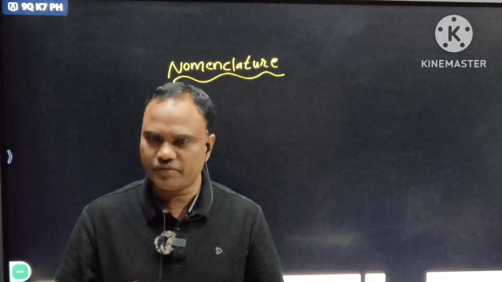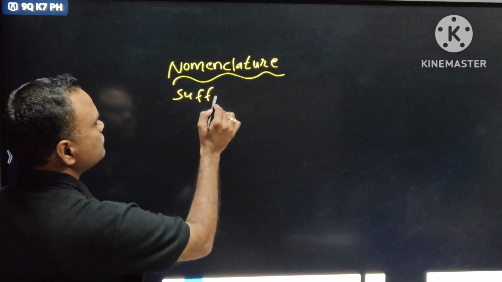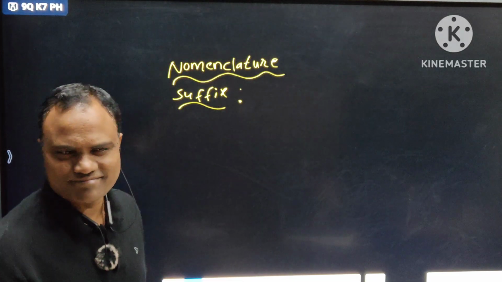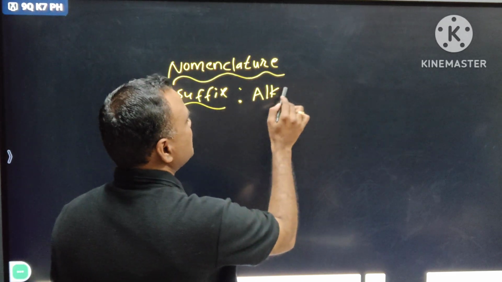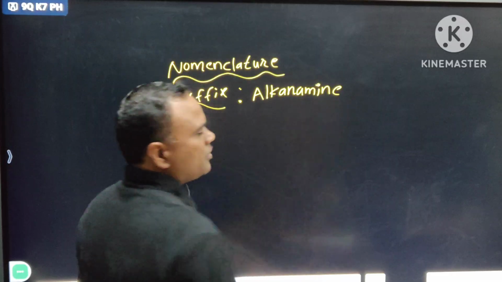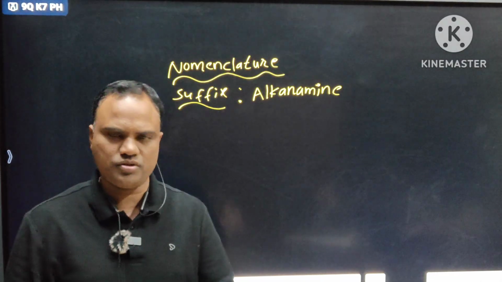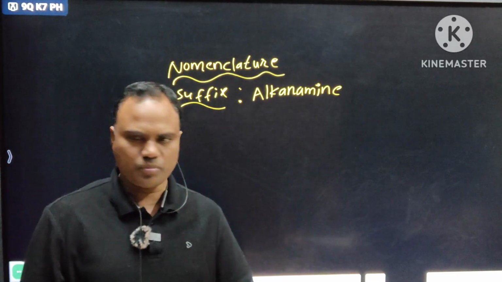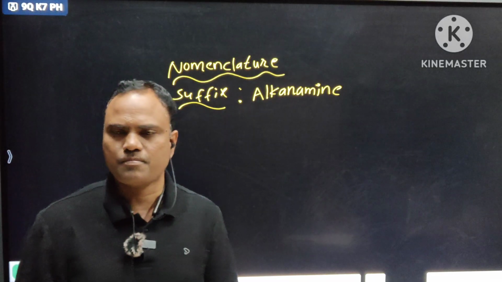Similarly, amines also have a suffix. All amines end with amine only. The general format is alkanamine. Every amine name ends with amine. At the end you can observe amine in the IUPAC name. Alkanamine means methanamine, ethanamine, propanamine, butanamine, like that. Clear? The suffix is amine.